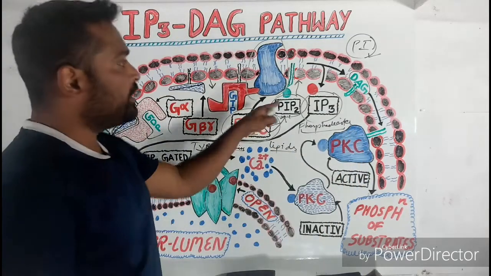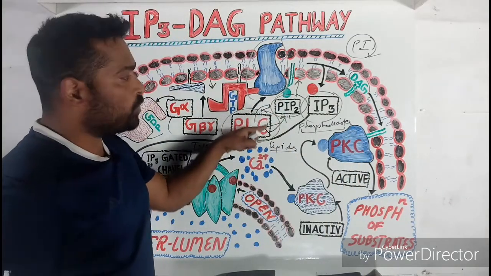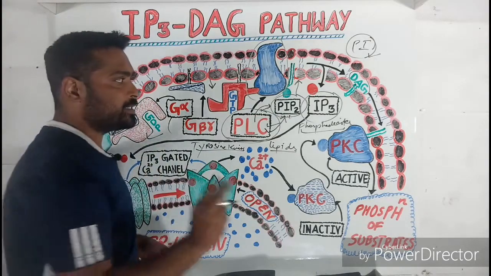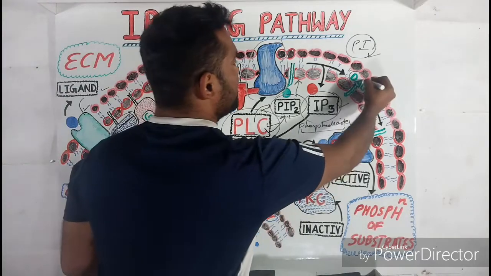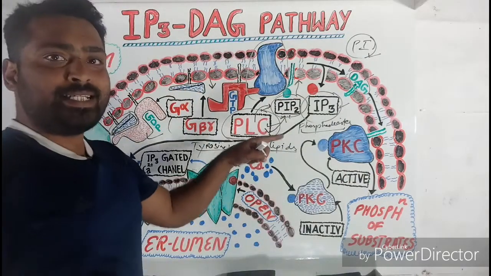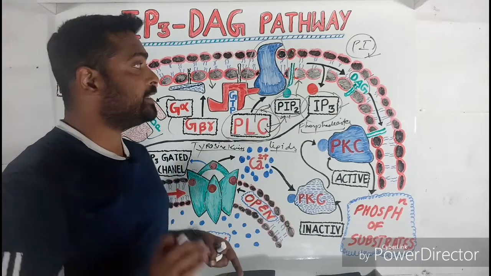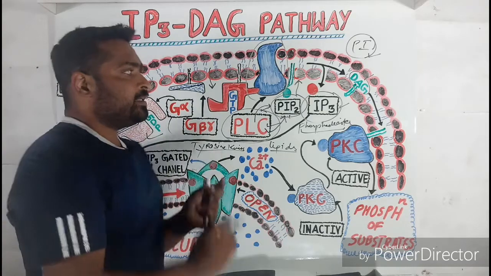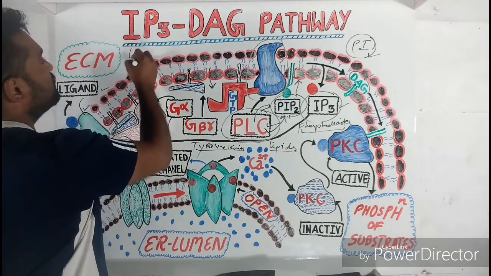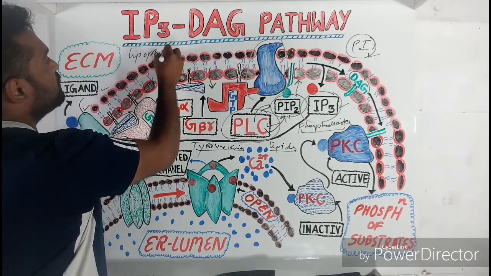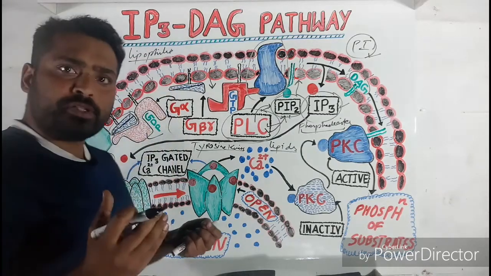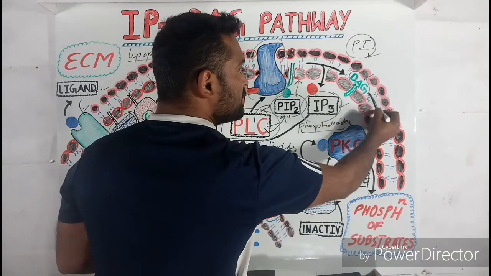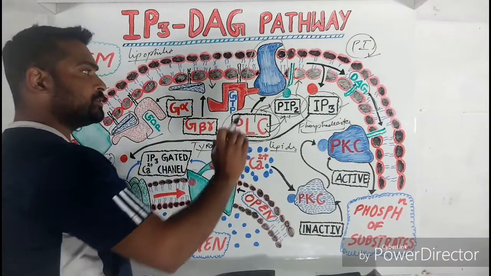Talking about DAG, this is diacylglycerol. This diacylglycerol is a lipophilic molecule. It says, I love lipids, so I am not going to go anywhere. I will stay only here in the cell membrane where I can find lipids.